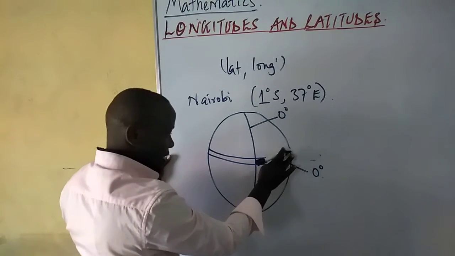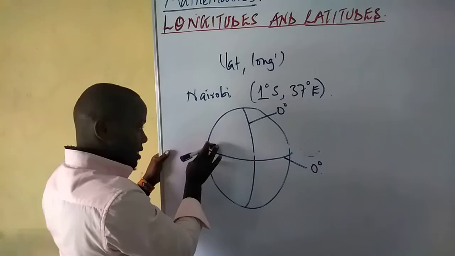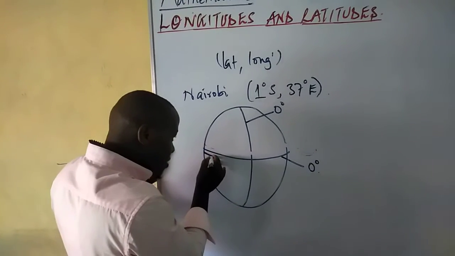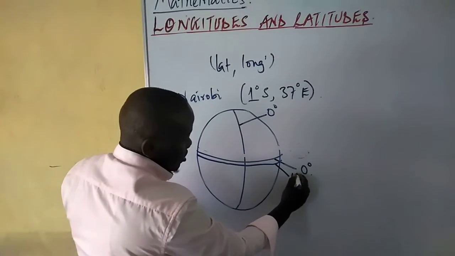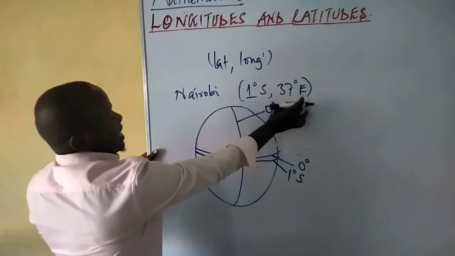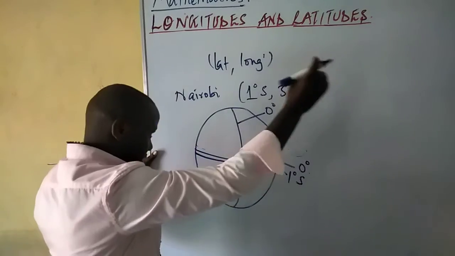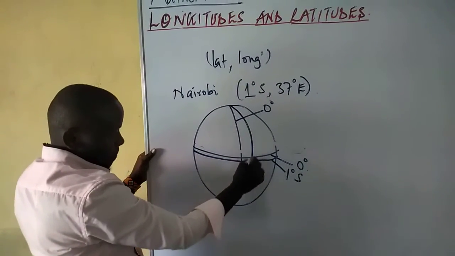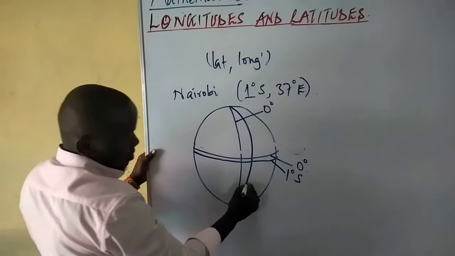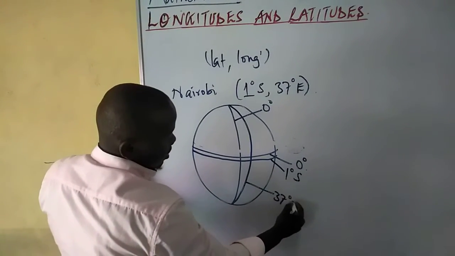This is the north part. 1 degree south, slightly below 0 degrees. So 1 degree south and 7 degrees east. East is the right hand. That's 7 degrees east.